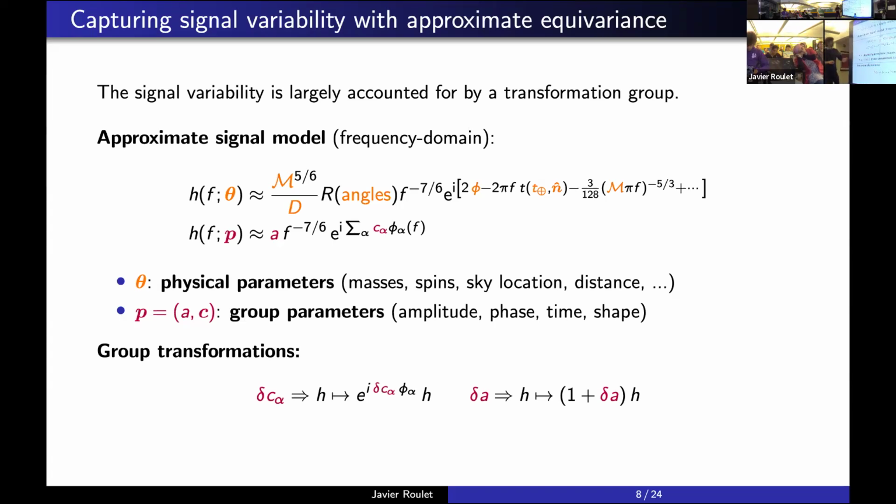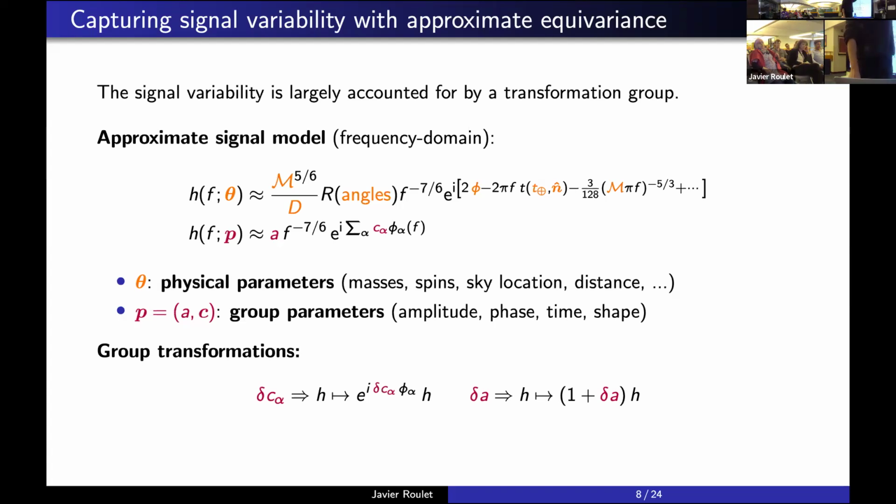And by writing it like this, we see that under changes in these parameters, we can recover the new waveform from the old waveform with a very simple phase modulation or amplitude modulation. So this simple phenomenological model, which let me stress is not exact, it's just approximate, captures most of this variability in the signal space.